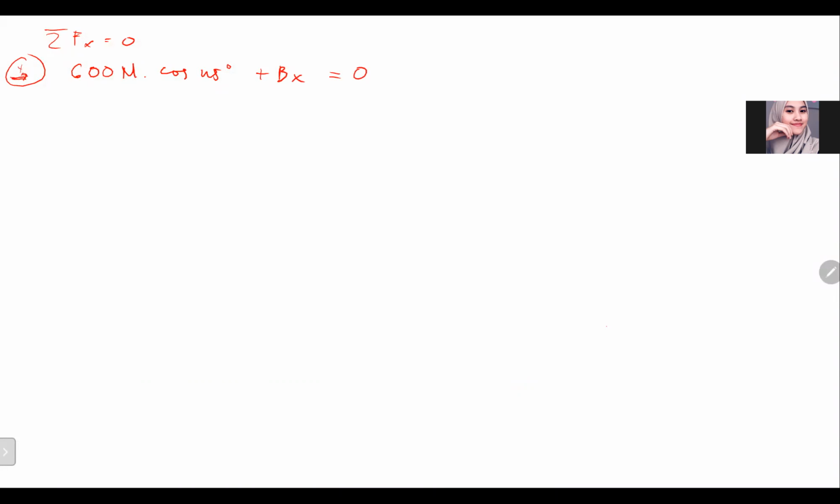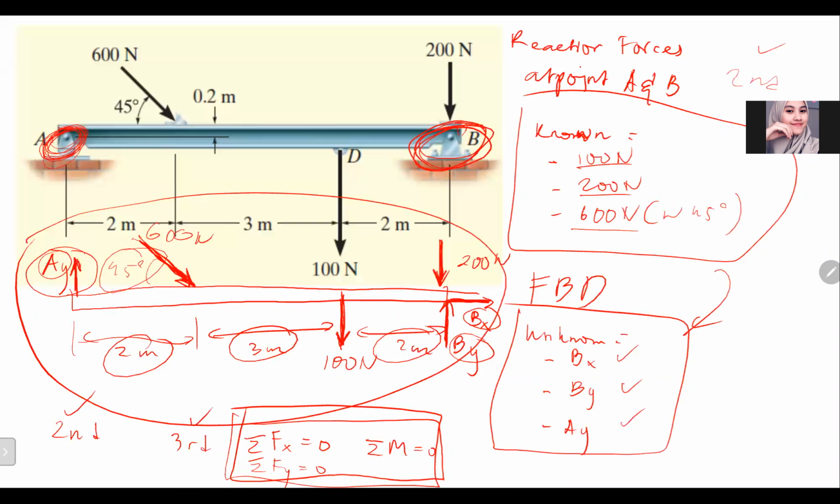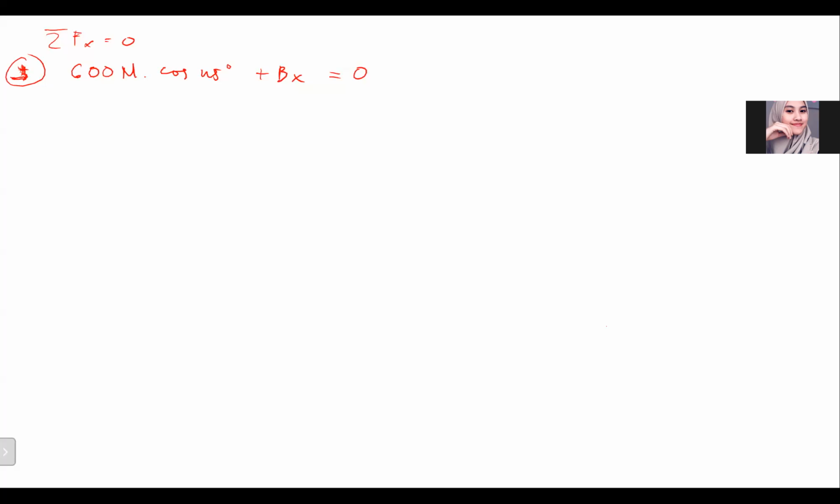Remember, going to the right is positive. I defined it so that going to the right is positive, right? Anything else going horizontally? Nothing, right? That's all. So this is our first equation using sigma Fx equal to 0.